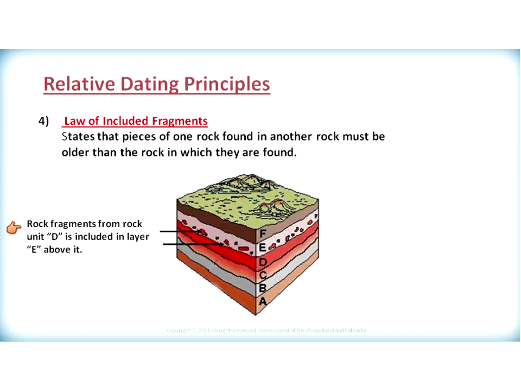So if we go over to the diagram, we see that fragments of layer D below, when it got eroded and layer E above it formed, rock fragments from layer D are included in rock layer E. Therefore, because they are included in rock layer E, the fragments must be older than the layer that they're included in. So in conclusion, the law of included fragments would state that all of the rock fragments that you see in layer E must be older than layer E itself.